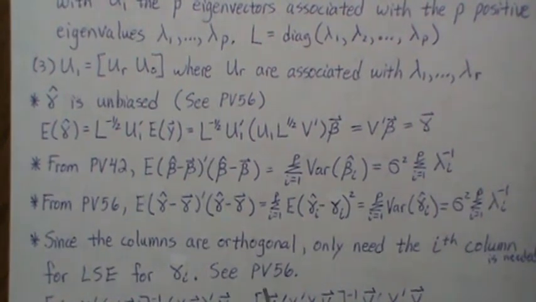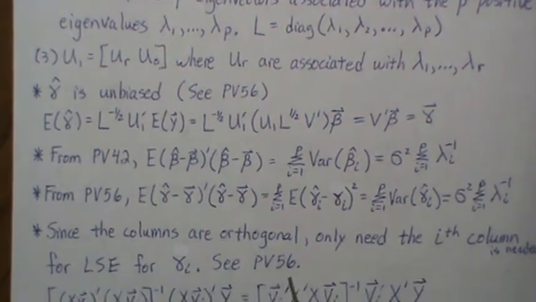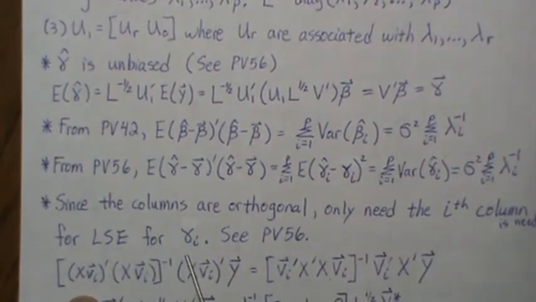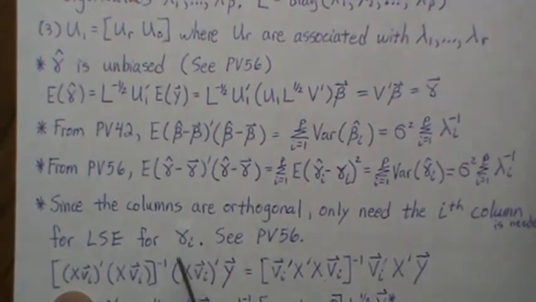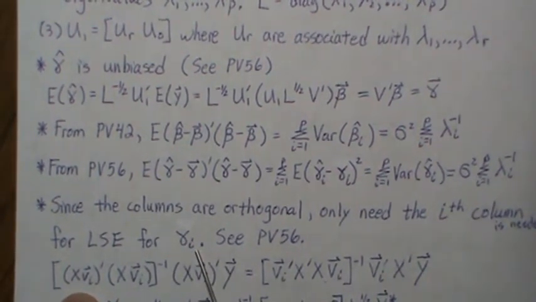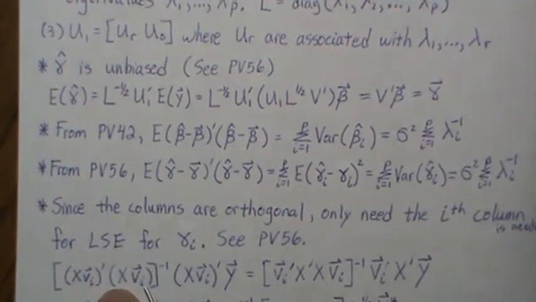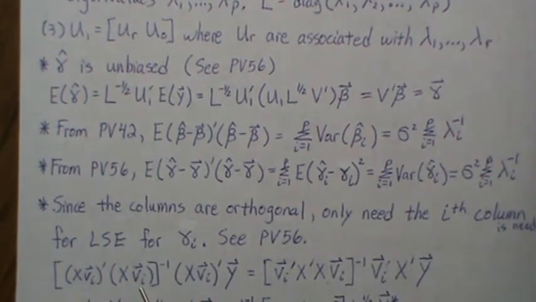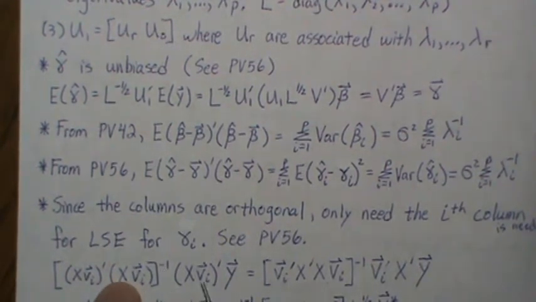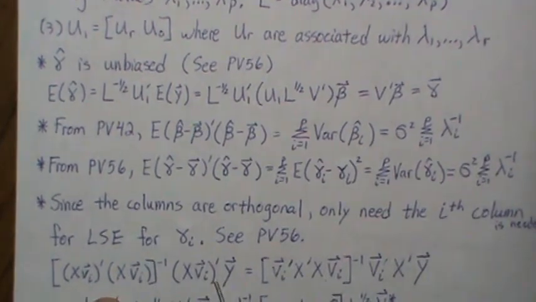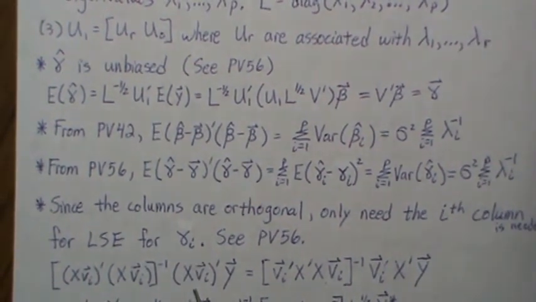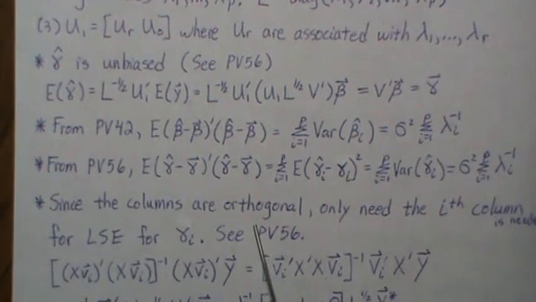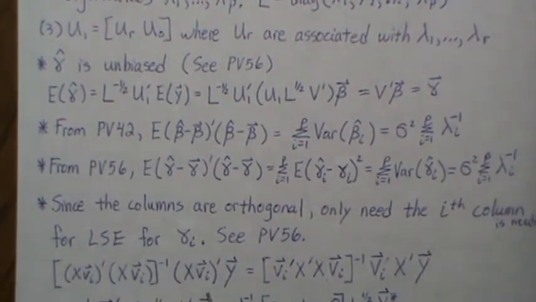Previous video 56. Now the ith column in our model is XVI. So it's XVI prime XVI, kind of like X prime X inverse X prime, or transpose Y. So this is the least squares estimate, and we can do that because all the columns are orthogonal. And to me, that's kind of cool in itself.